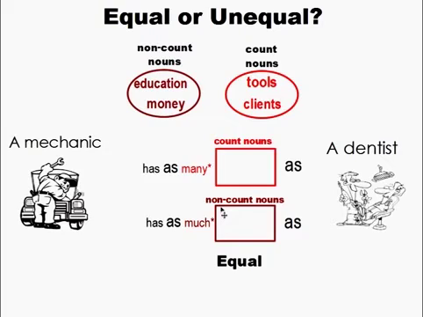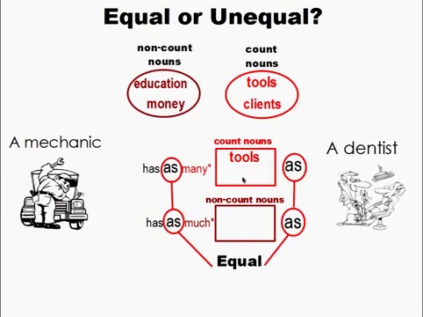So let's think, okay? Now, if I say that 2 things are equal, I'm always using the as and as, remember from before. But it's important to think, well, for count nouns I use many, and for non-count nouns I use much. So if I want to say 2 things are equal, I can say a mechanic has as many tools as a dentist.